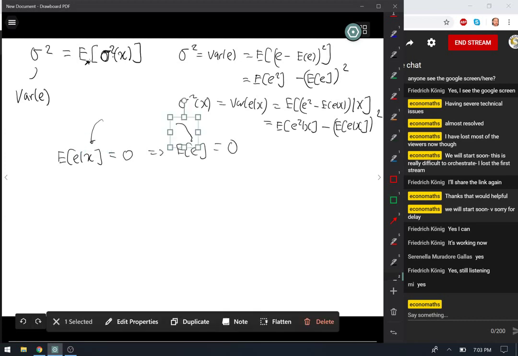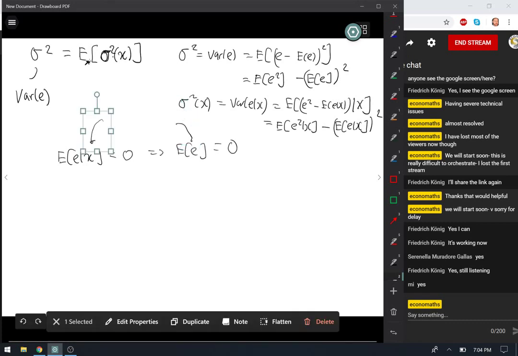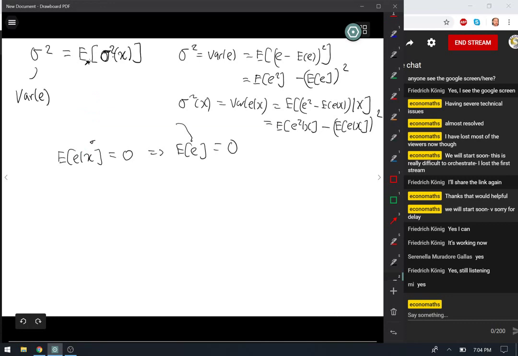This simplifies the proof: we have to show that sigma squared equals E[e squared], because this term equals naught, and sigma squared x simplifies down to E[e squared given x].